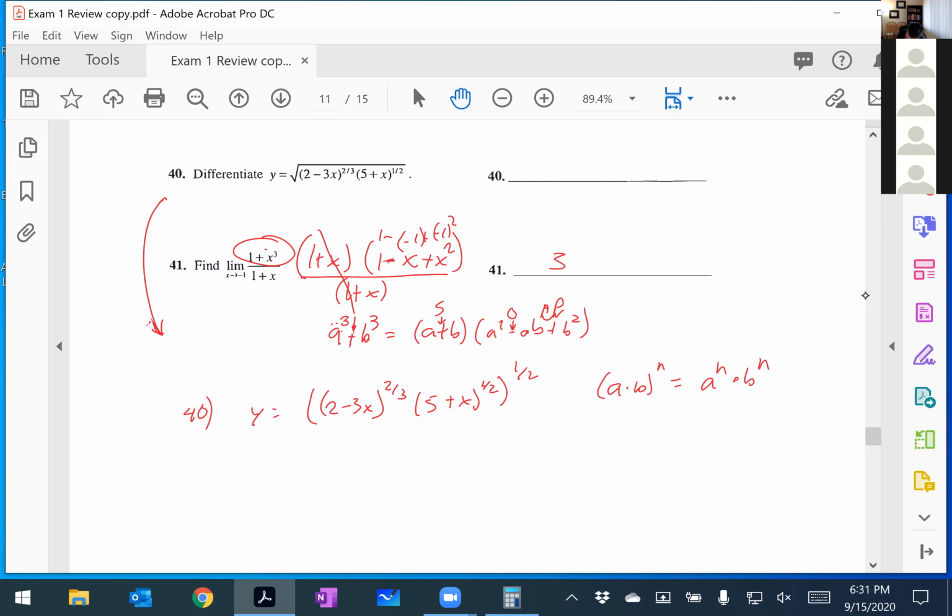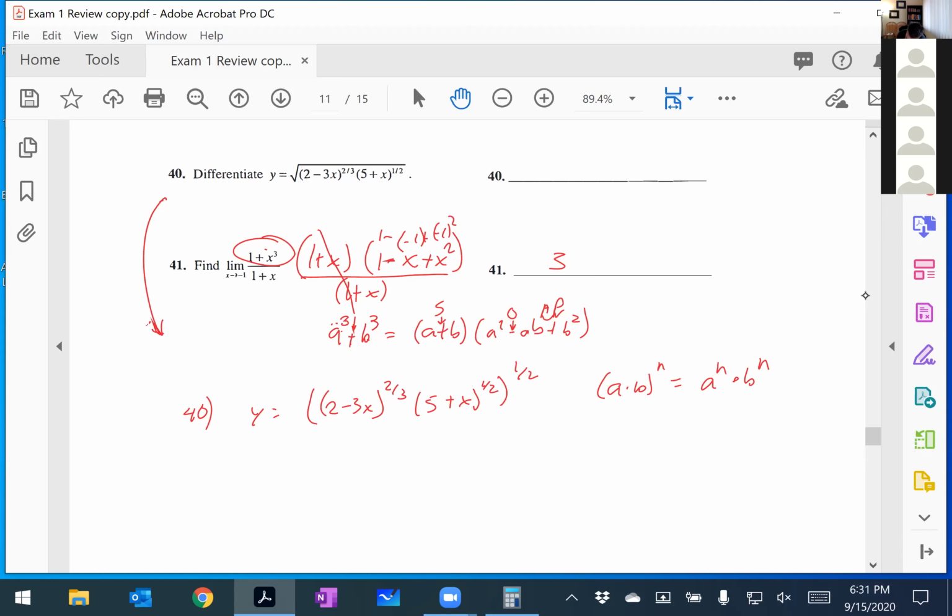So this is going to give me 1/3 times 2 minus 3x to the negative 2/3. I've got to subtract 1, 1/3 minus 1, so that's negative 2/3, times the inside.